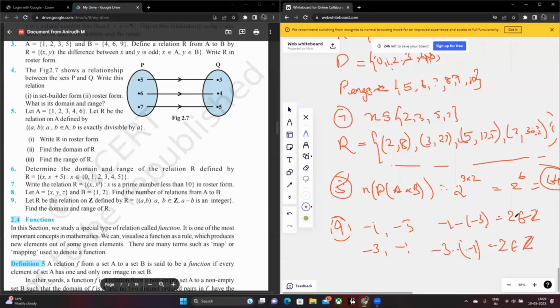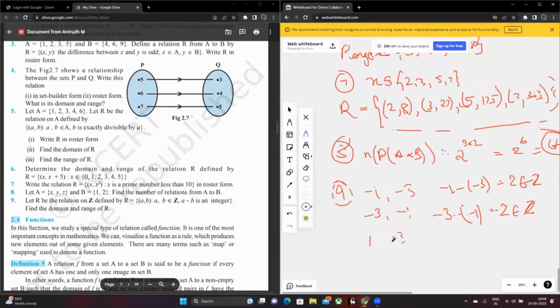And I'm just using the double line to differentiate between an actual Z and the set Z of integers. In the same way, take 1 and 3, 1 minus 3 is this, and 3 minus 1 is this. So you can see that whatever your choice of numbers, the difference also belongs to integers.